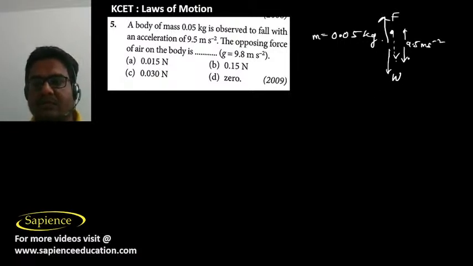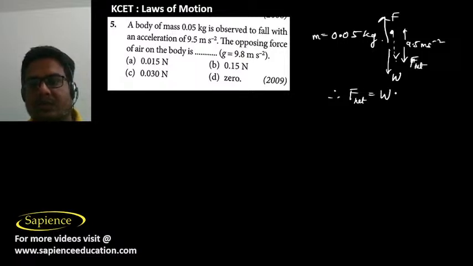The net force acting downwards is W minus F, which is the retarding force. So F net, that is mass into acceleration, is equal to the weight, mg, minus F, where F is the retarding force or the opposing force of air.